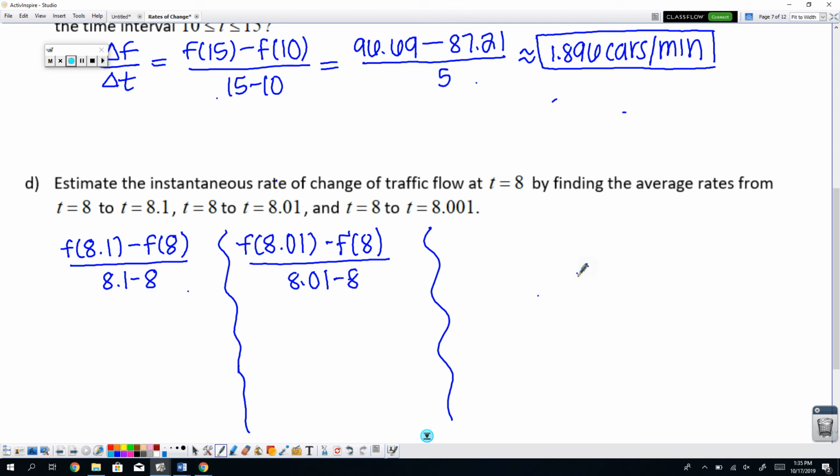And then I'll do the last one, f of 8.001 minus f of 8. And then I'm going to pause it, and you should pause it as well so we don't waste each other's time. And we're going to put that in the calculator, okay?